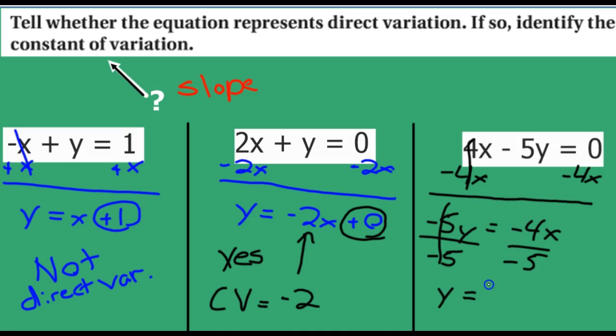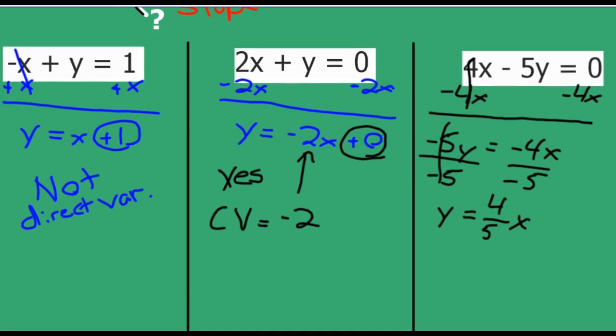So 2 negatives is going to make a positive, 4/5 x. So this does not have a y-intercept. So yes, this is direct variation. Our constant of variation, or CV, is 4/5.